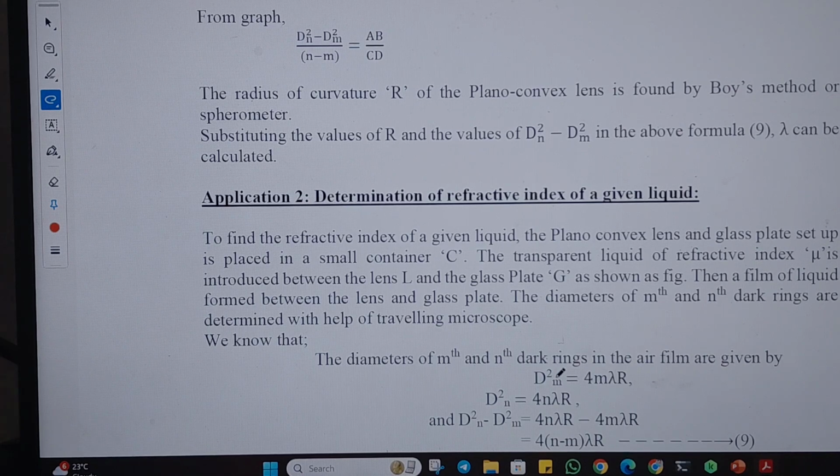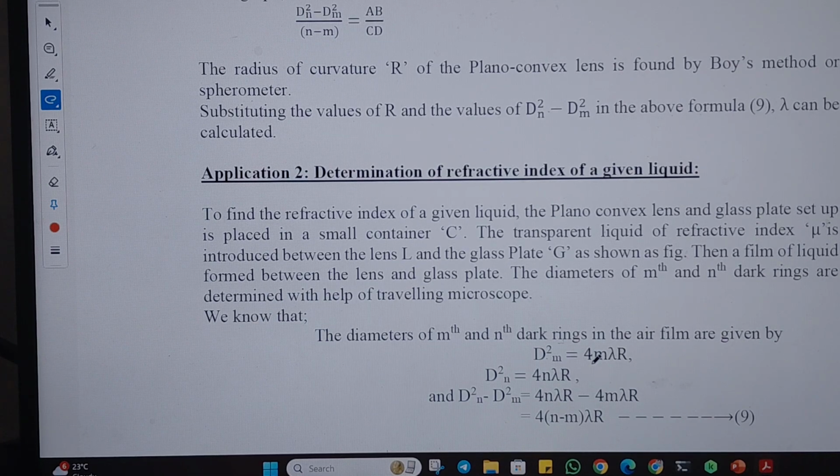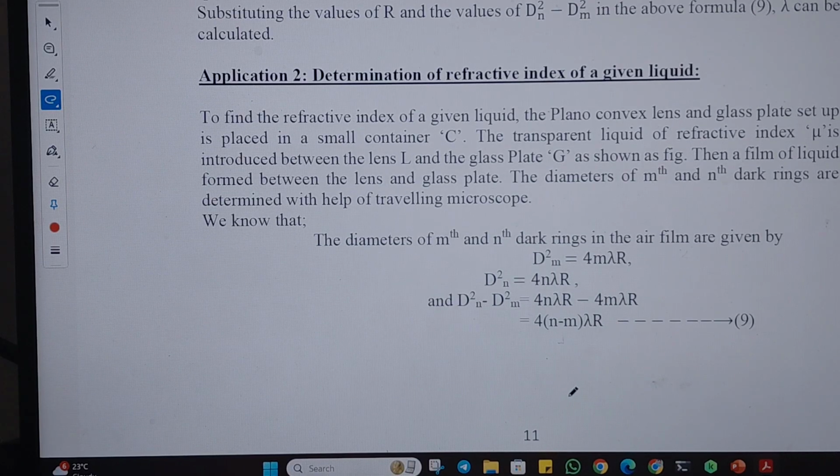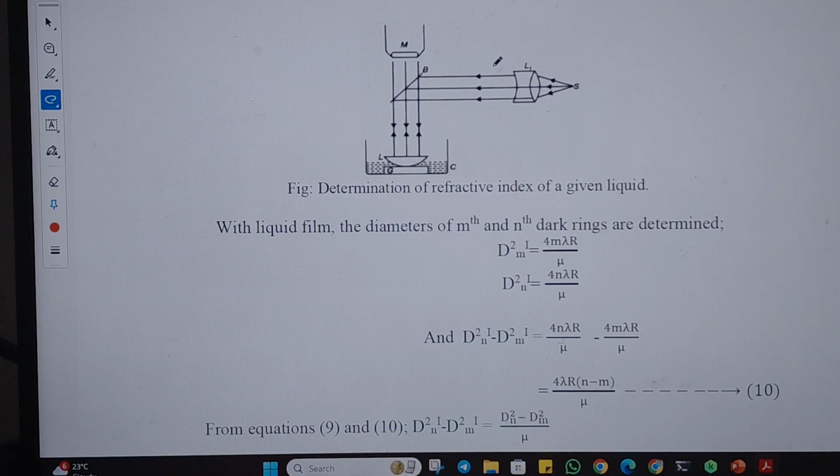Here are the diameters of the mth ring and nth ring, Dm square and Dn square, and lambda we know already, that is Dn square minus Dm square equals 4 into n minus m into lambda R. Then see, this is the experimental setup for the refractive index of a given liquid. With the liquid film, the diameters of the mth and nth dark rings are determined.